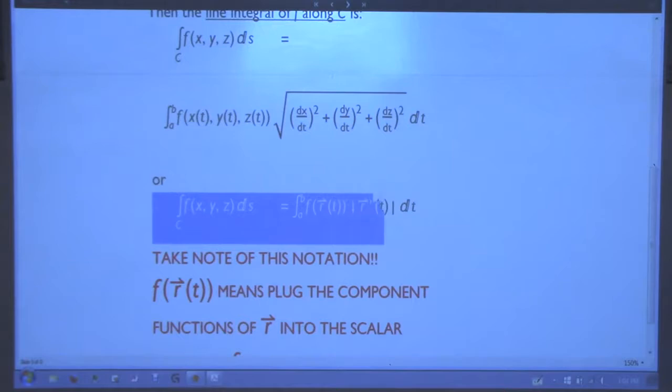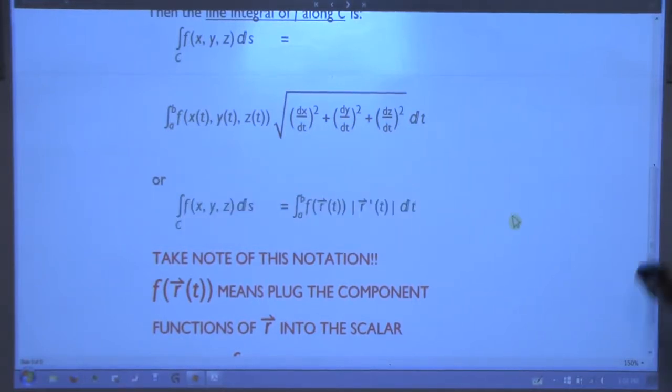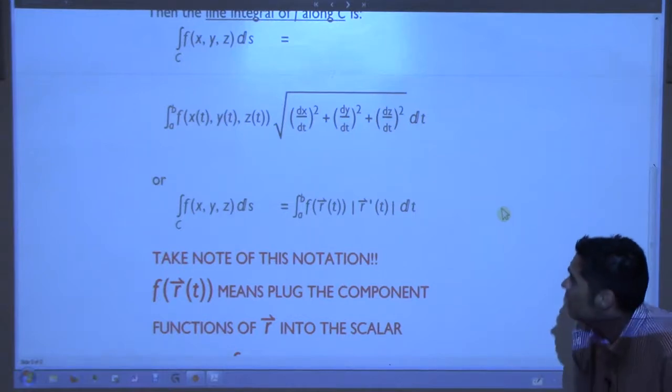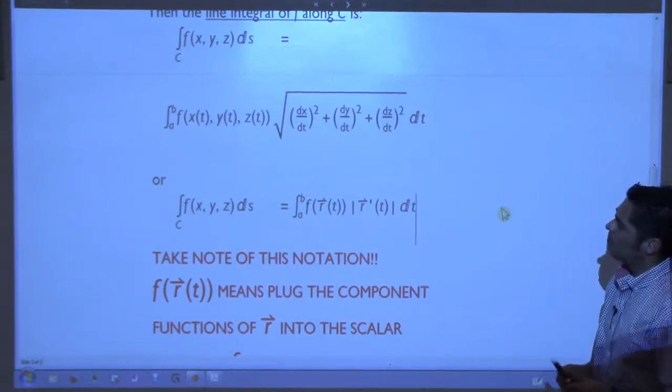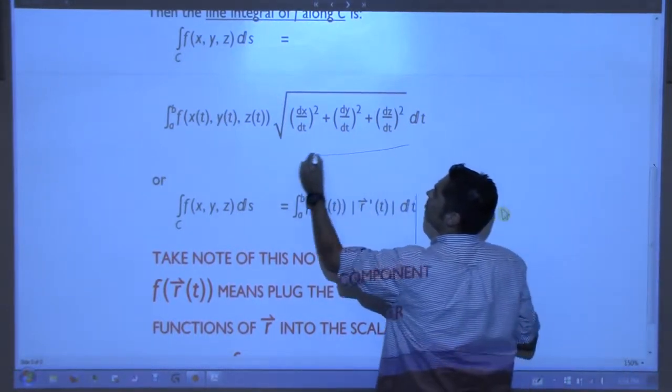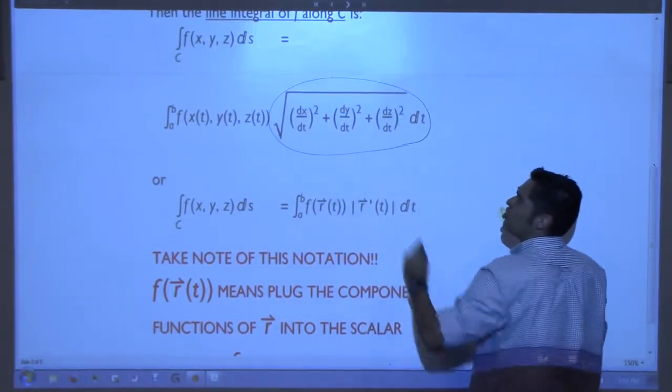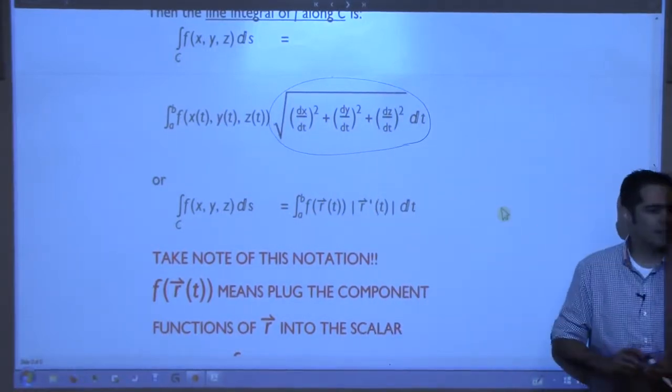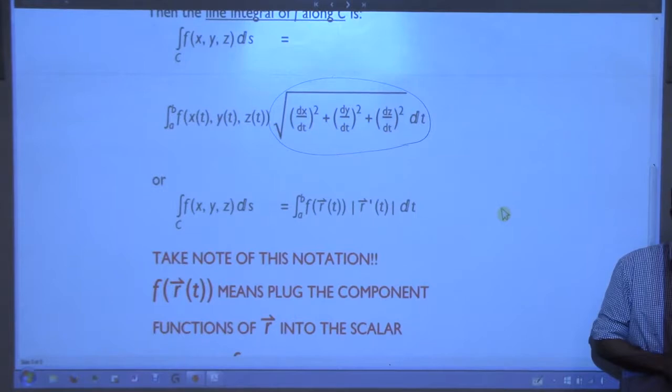Now this right here is where the notation really changes. What I want you to notice is that this right here, by its very definition, is the magnitude of the derivative of the vector function r.